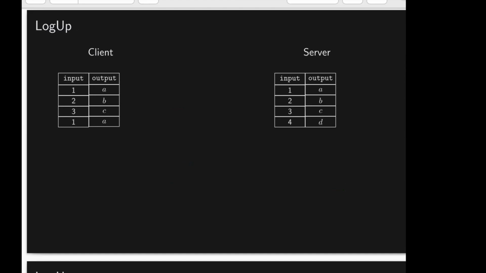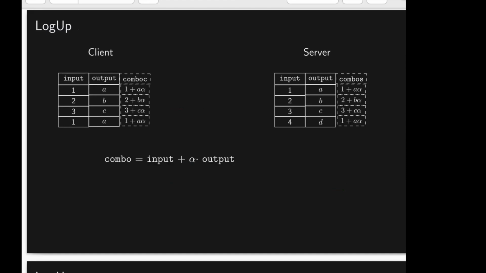In the first step, we just compress it using randomness provided by the verifier. Now we have a set of elements of one column living in one table, and this is claimed to be a subset of the set of elements of another virtual column living in another table.